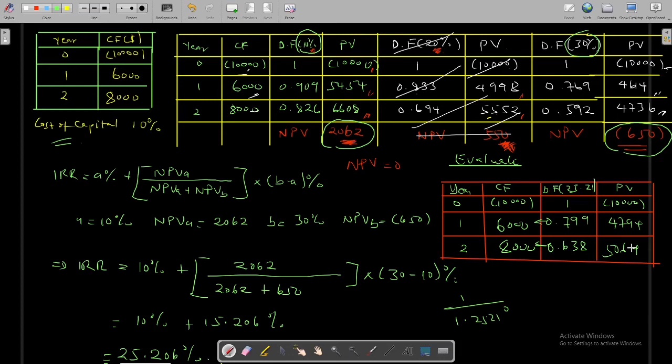So when we subtract 10,000, we are going to get a figure of like 142, because we've rounded the decimal places.